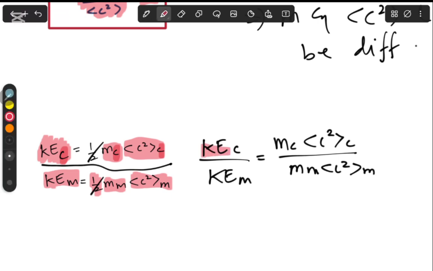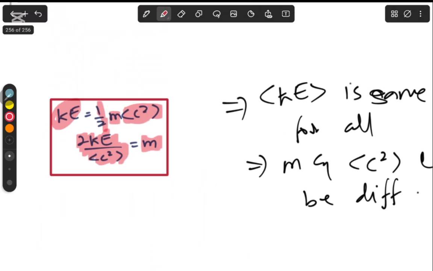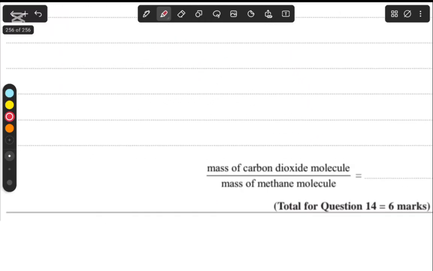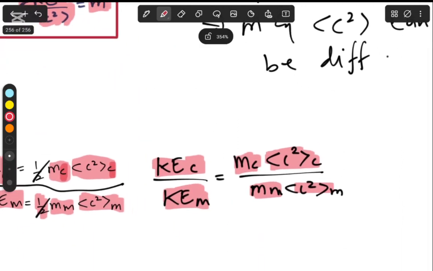So this here is the kinetic energy of carbon dioxide, average kinetic energy of methane, mass of carbon dioxide, mass of methane, the mean square velocity of carbon dioxide and mean square velocity of methane. So what we want to find out in the question is the ratio between mass of carbon dioxide and mass of methane, right? And we have it in that form.